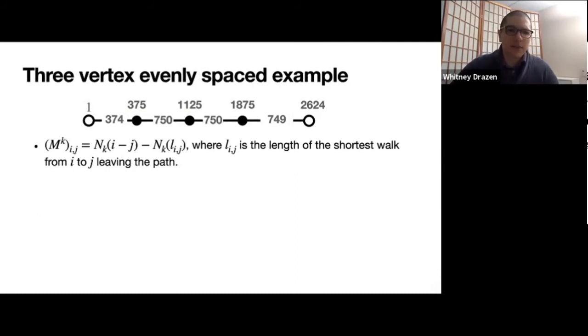It's a binomial coefficient based on the distance between i and j, and another binomial coefficient that we subtract out, based on the shortest walk between i and j that leaves the path.